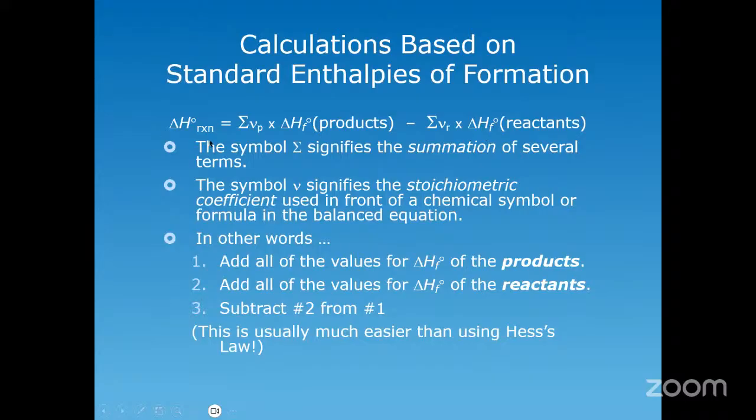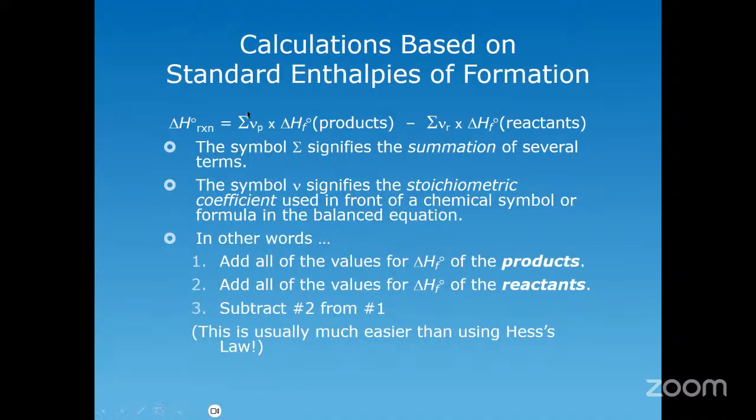The enthalpy change of reaction would be equal to the sum of the enthalpy of formation of the products minus the sum of the standard enthalpy of formation of the reactants, right? So this delta H f, and we have products here, that's the standard enthalpy of formation of the products, and this Greek symbol mu is basically the coefficient of each substance.